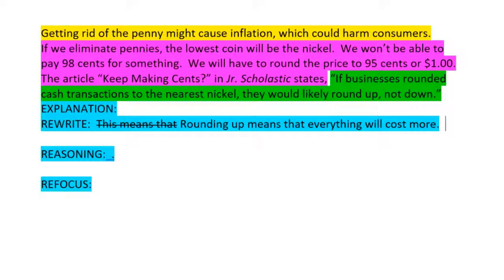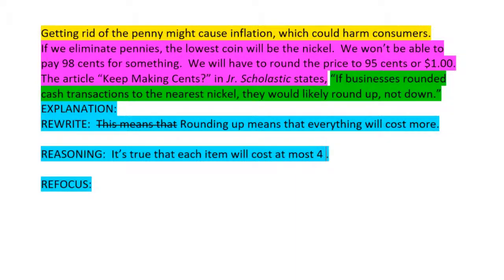Okay, now that you're ready to go again, we now need to do the reasoning part. Why is it that making everything cost more is a problem? Well, some people might say it's not that much, but so I'm going to say it's true that each item will cost at most 4 cents more.